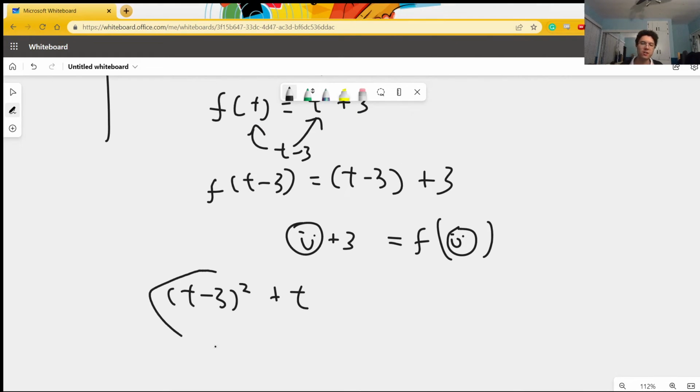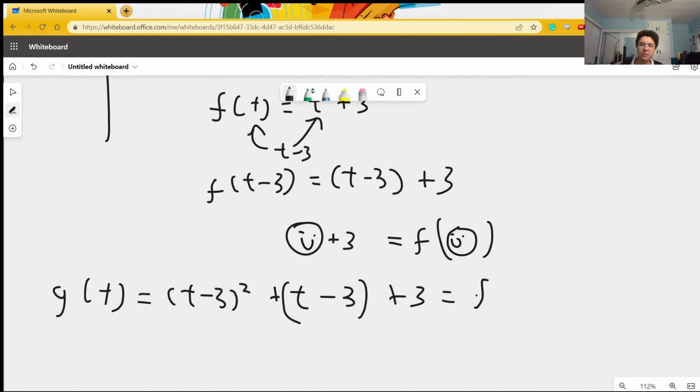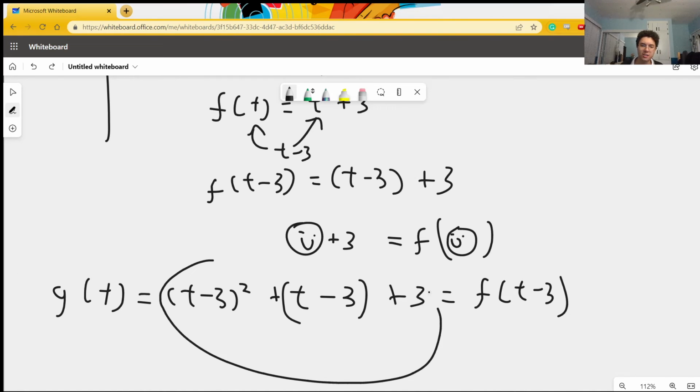Suppose you have the following function, (t minus 3) squared plus t. And suppose you introduce t minus 3 plus 3 to this function. So minus 3 plus 3 is just 0, so we didn't really introduce anything. But suppose I put a parentheses here. Observe that every time you see a t, you also see a t minus 3. So you could imagine this function as being either, let's call it g of t, where if you plug in t, you plug it into this thing, or let's call the function f of t minus 3. g of t just looks like this.